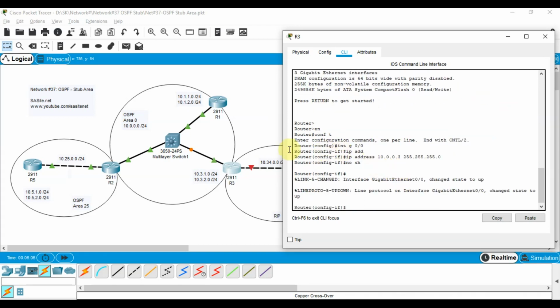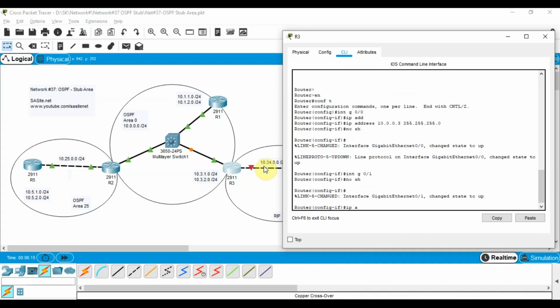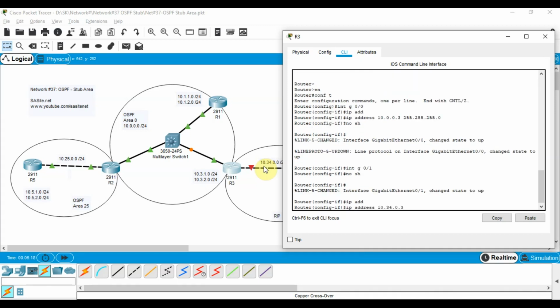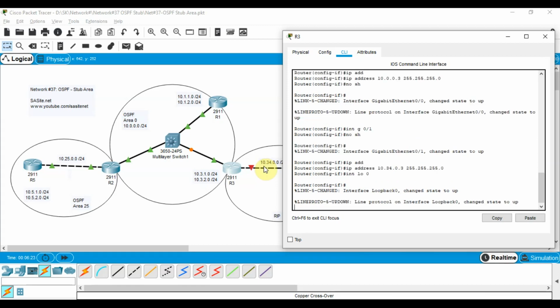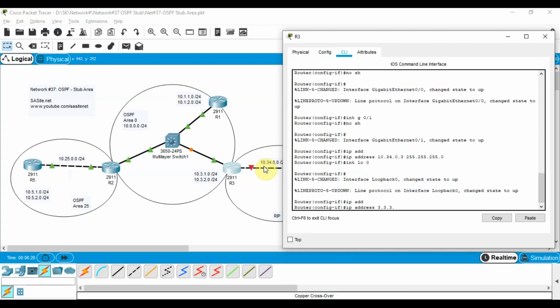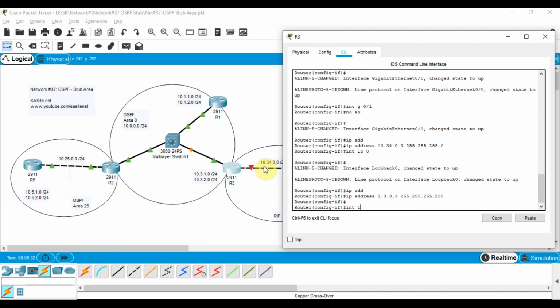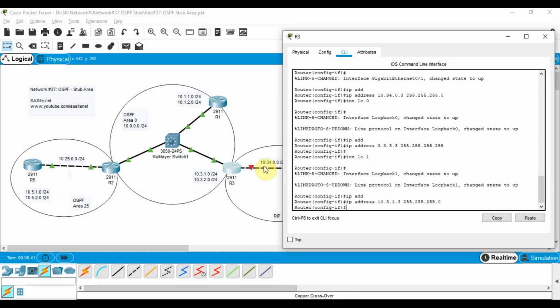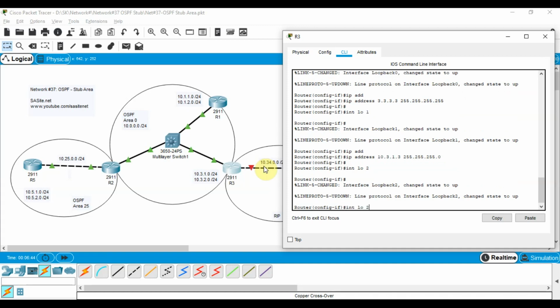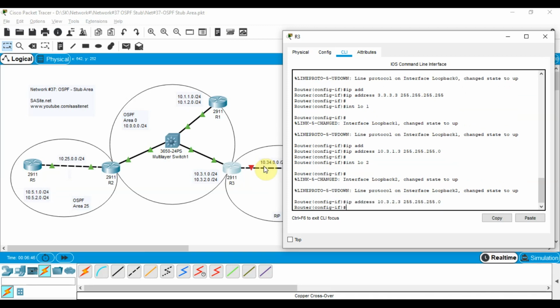We have one interface connected between R3 and R4, so we go to interface gig 0/1, no shut. The IP address is 10.34.0.3/24, and we have interface loopback 0, IP address 3.3.3.3/32, and interface loopback 1 to represent the network 10.3.1.3, and loopback 2, which is 10.3.2.3.